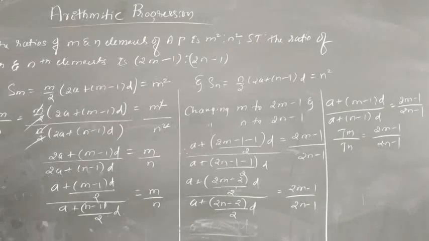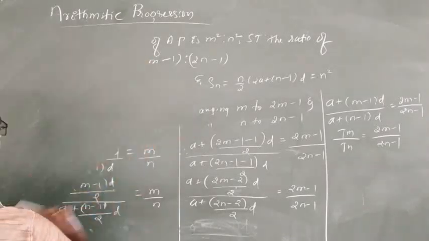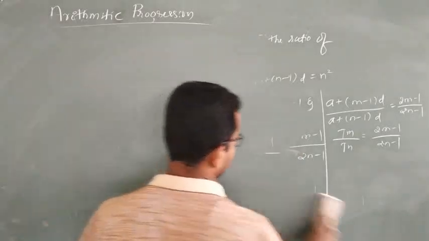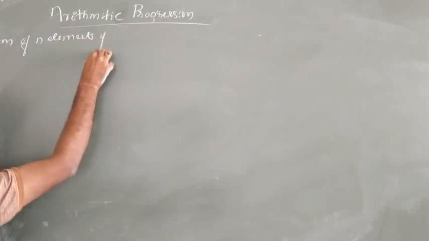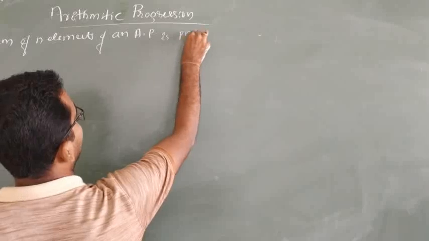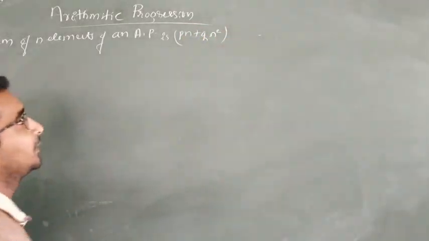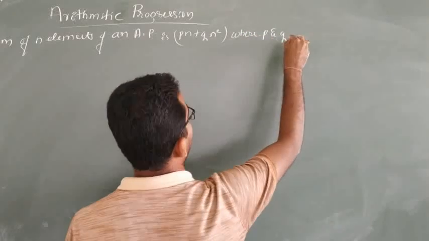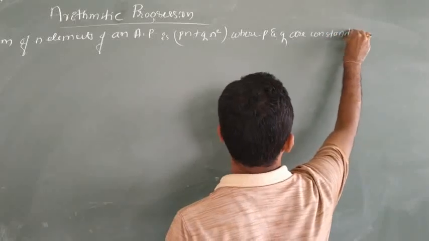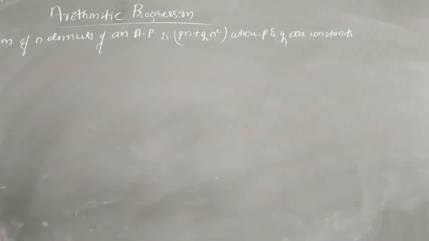Okay, so the next example is: if the sum of n elements of an AP is Pn plus Qn square, where P and Q are constants, find the common difference.